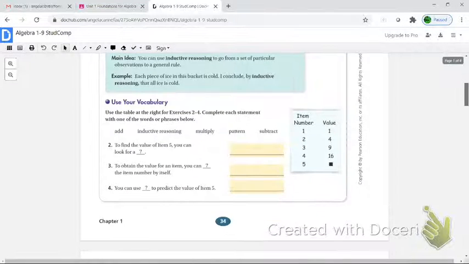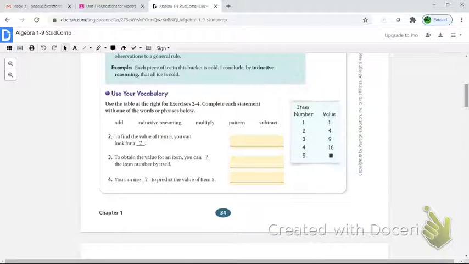All right, using the vocabulary, it says, use the table at the right for exercises 2 to 4. Complete each statement with one of the words or phrases below. So we're going to do add, inductive reasoning, multiply, pattern, or subtract. And so it says to find the value of item 5, we're going to be looking for a pattern.